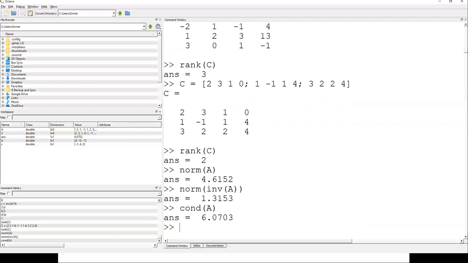If you reach 1,000, completely untrustworthy. That's what this number implies, the condition. Now you realize there are two numbers used to get it: the norm of the coefficient matrix times the norm of its inverse. So if I multiply these two, I get approximately that number. Now let's just check. It may not be exactly the same.